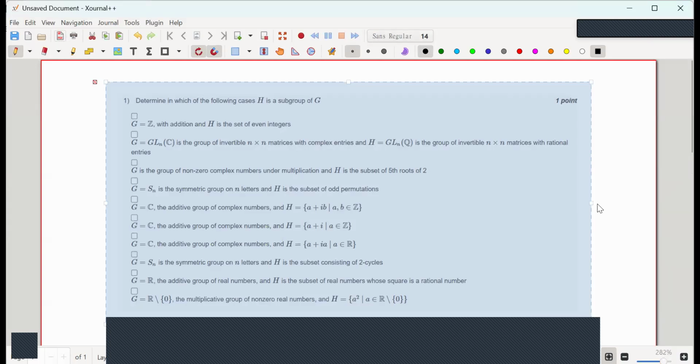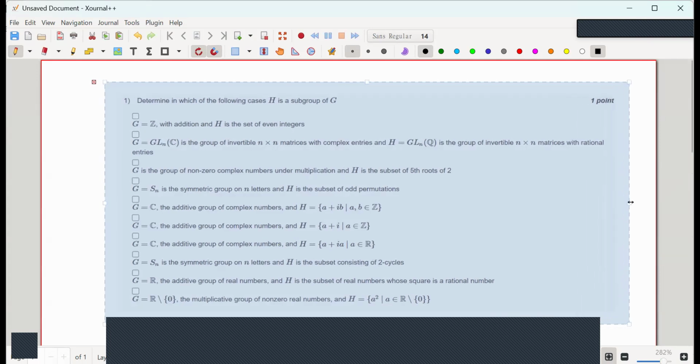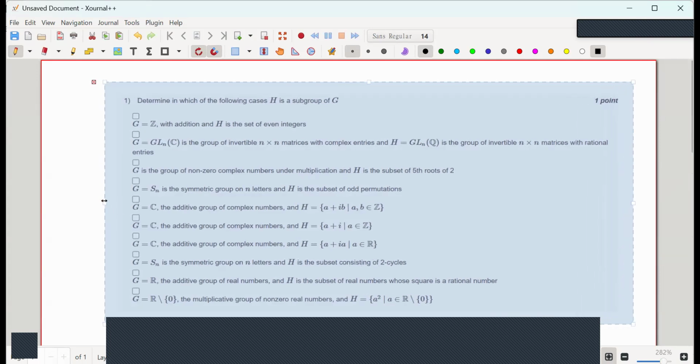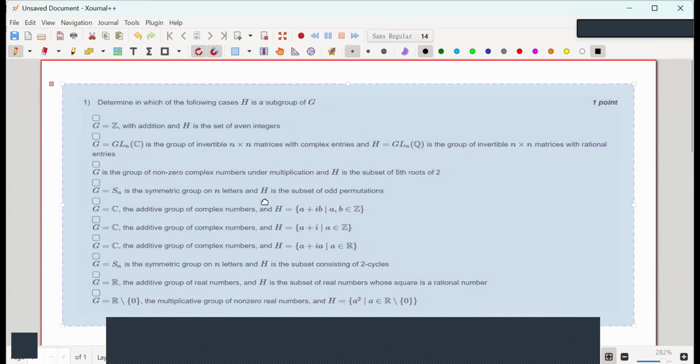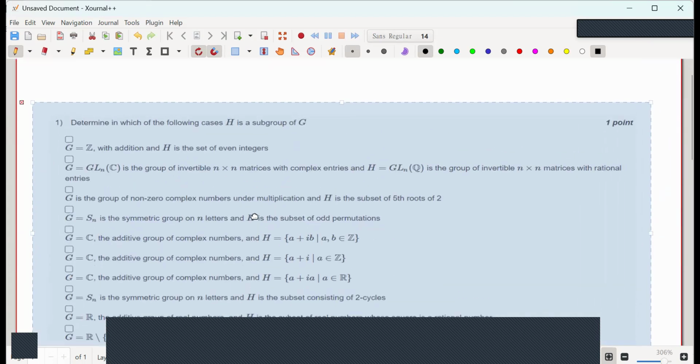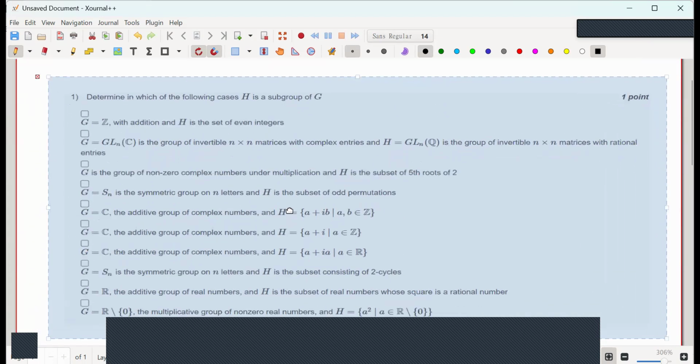This is the first question from the practice assignment, and it's better if we have a two-way interaction. So you can share your comments, or if you want to solve the problem, then you can also give hints so that we can solve it together.